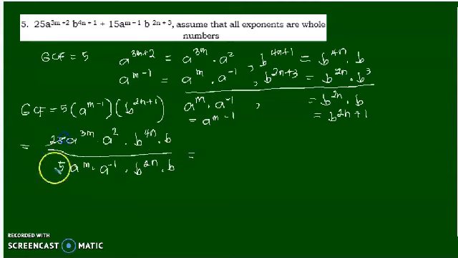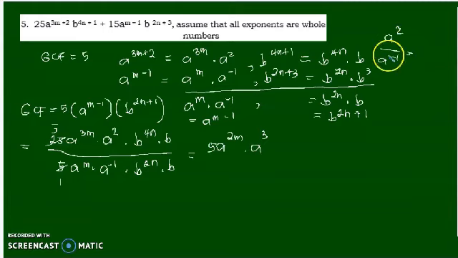So 25 divided by 5 is 5. A raised to 3m divided by a raised to m is a raised to the power of 2m. Then a squared divided by a raised to negative 1 is a raised to 3.